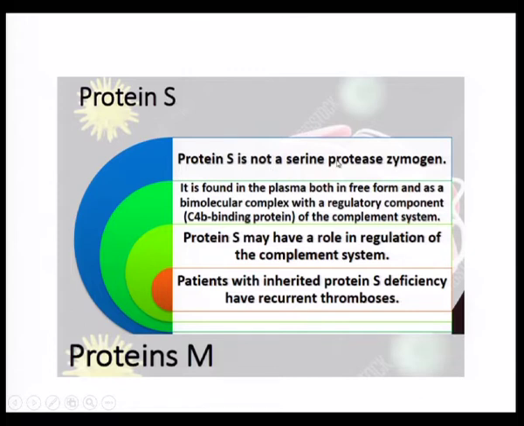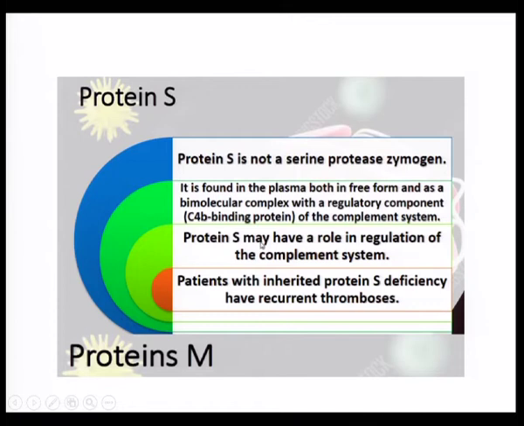So, you see over there protein S is basically one more protein like protein C, and this is not a serine protease zymogen, but you do have this particular protein S playing a very important role in the complement pathway. So, whenever you look at vitamin K, you have to just recollect all the pathways connected with the immune system, with inflammatory systems, and with thrombolytic mechanisms that have a role to play in inflammation.